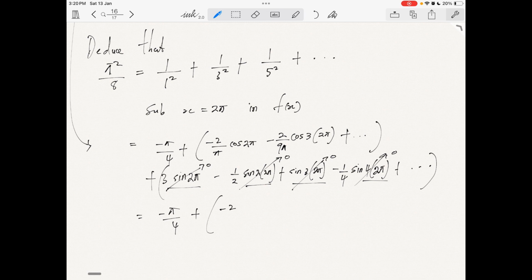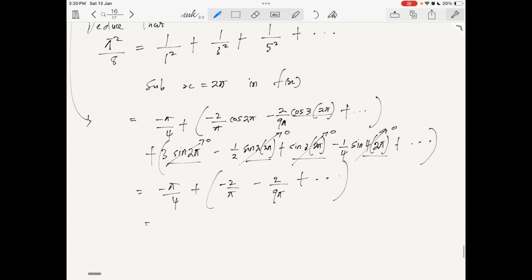So this will give us minus 2 over pi, and multiples of cos 2 pi is also 1, minus 2 over 9 pi plus dot dot dot. So let's bring minus pi over 4 to the other side. So we have it to be pi over 4, and we can factorize with minus 2. Okay, so we have minus 2 over pi, and we have 1 minus 1 over 9, sorry, plus 1 over 9, and it continues.